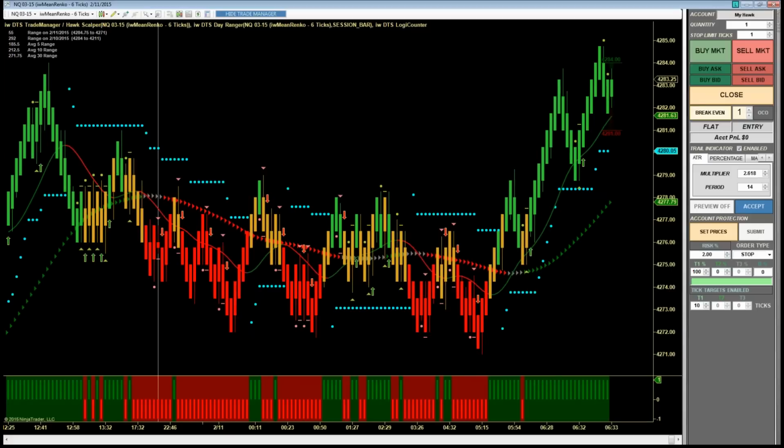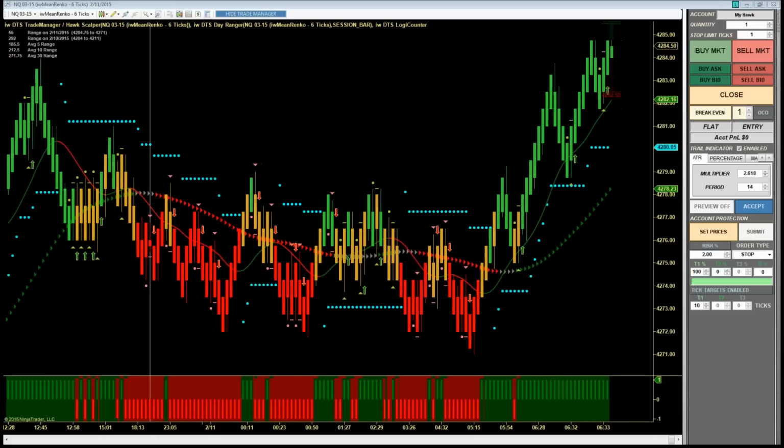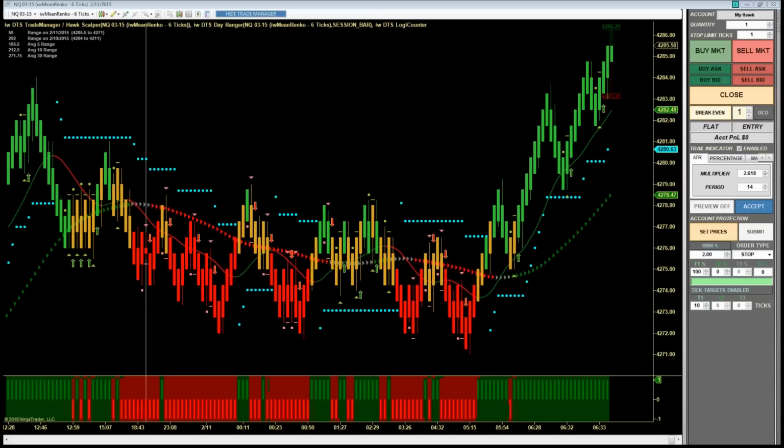I should also mention that the bar style that you see here is a little bit different than most bar styles. This is called the mean Renko bar style, and it's unique to Indicator Warehouse. It was specifically designed to be used on the DTS system, and it's a blending of range Renko style bars and candlestick bars, so it tries to incorporate all the best components of those 3 different bar styles.